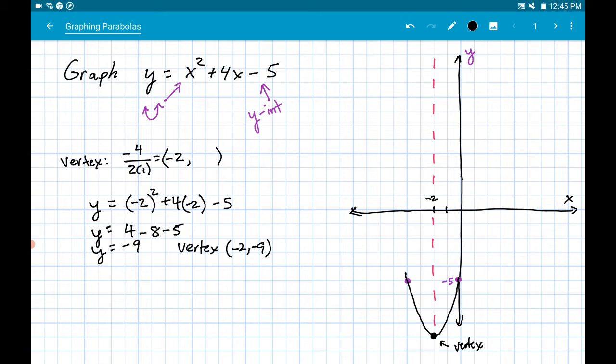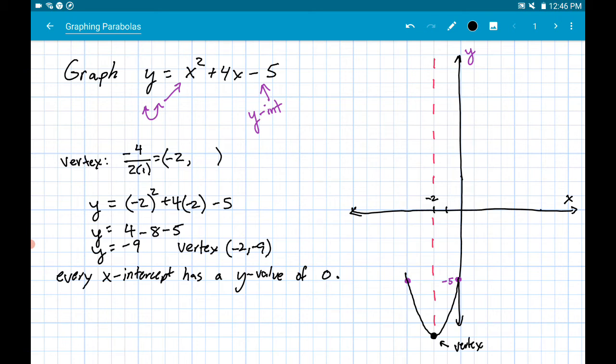And remember that every x-intercept has a y value of, you guessed it, 0.